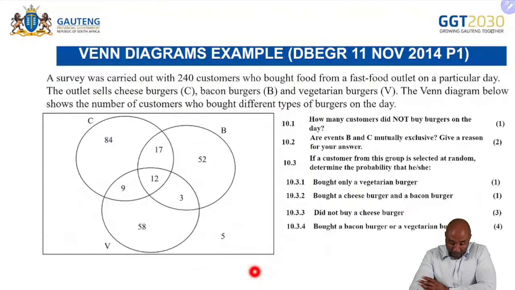May I give you 8 minutes to quickly answer this one, because all the information is given. We are just extracting the information from our Venn diagram. 3 events. Let's quickly do that one. I'll give you 8 minutes to answer the questions.